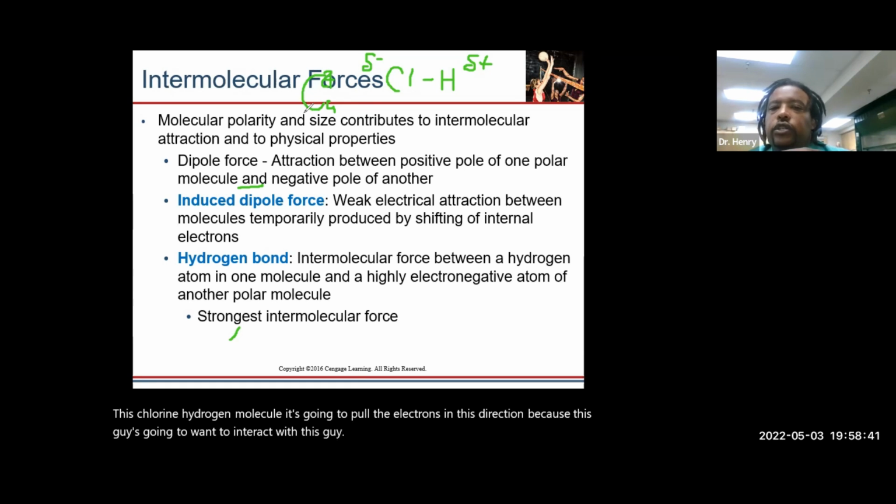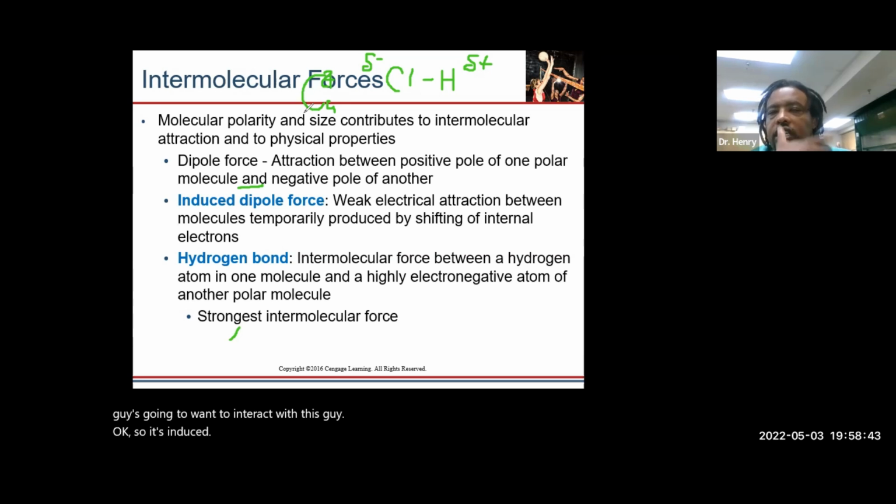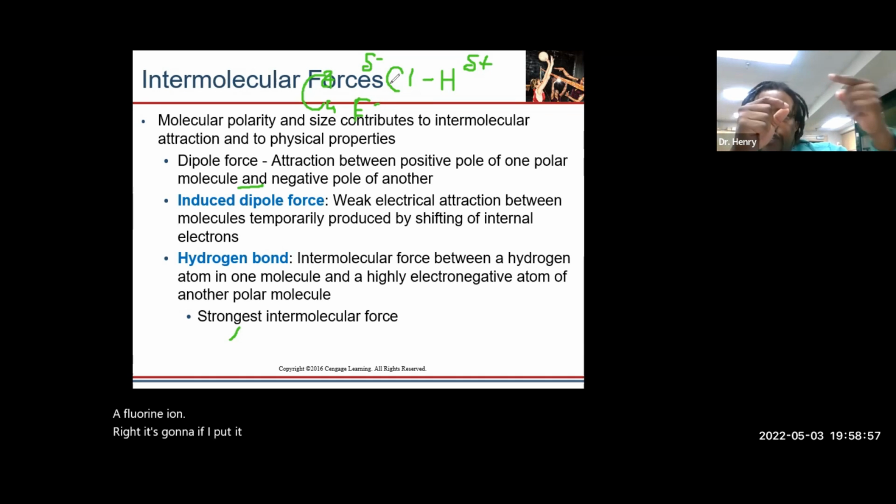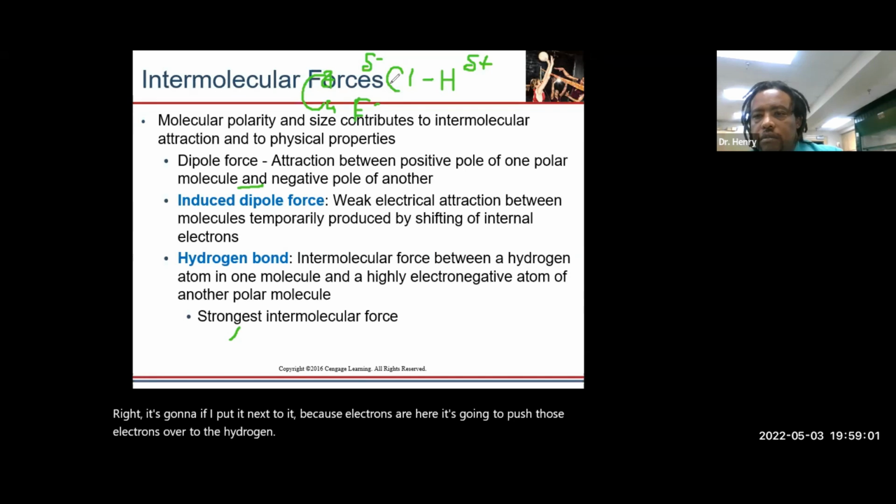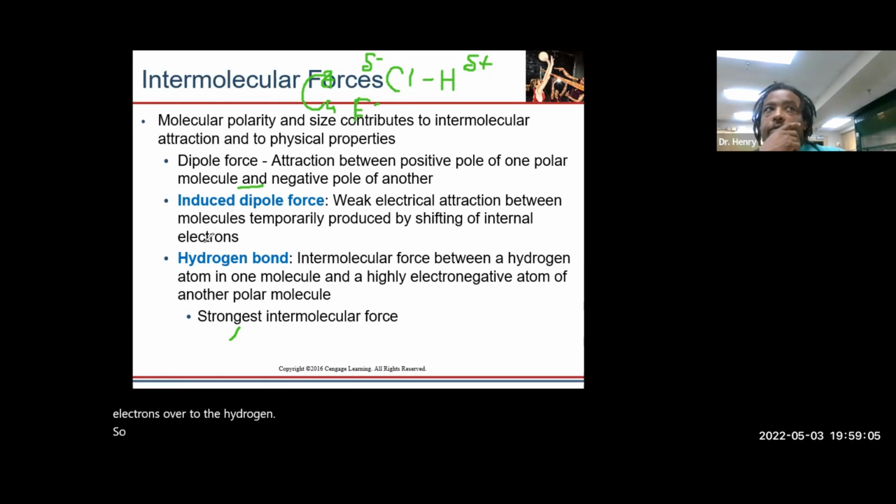Okay, so it's induced. It's causing it to interact. Or if I put a negative charge next to this, a fluorine ion, right? Because electrons are here, it's going to push those electrons over to the hydrogen. Okay, so that would be an induced dipole.